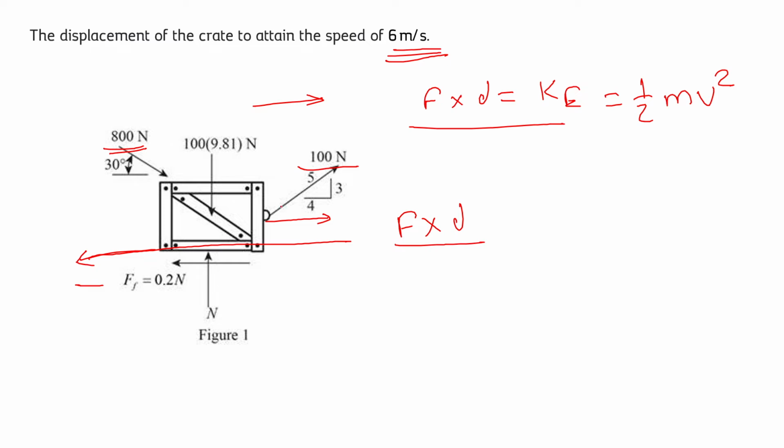So we can write the component of this 100 Newton force along the horizontal as 100 into 4 divided by 5, and if we multiply it with the displacement d, this would be the work done by this force along the horizontal direction.